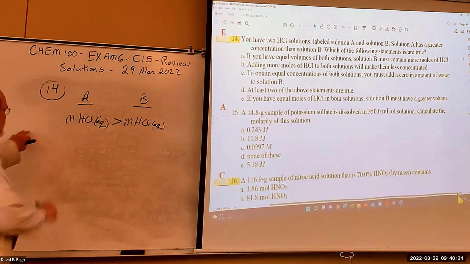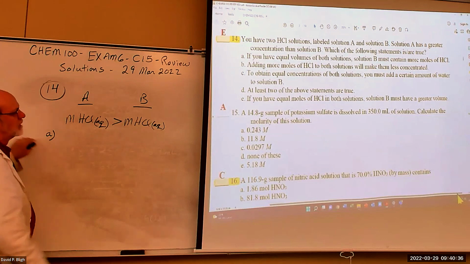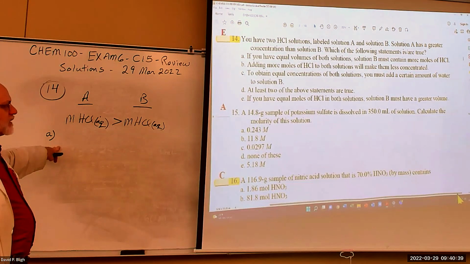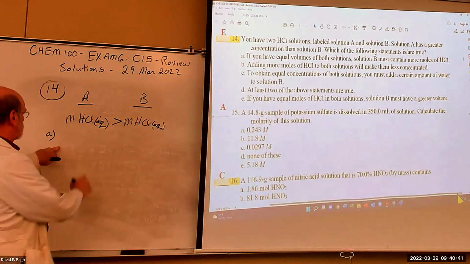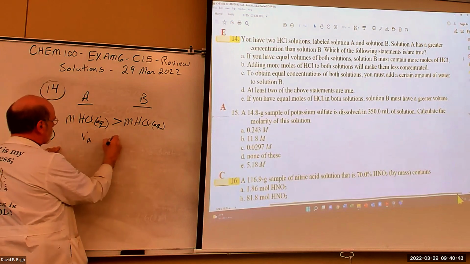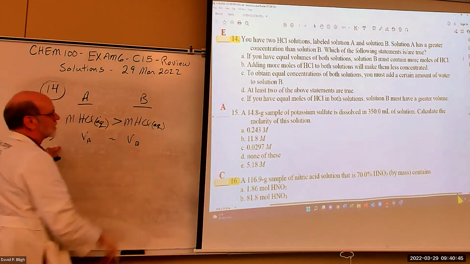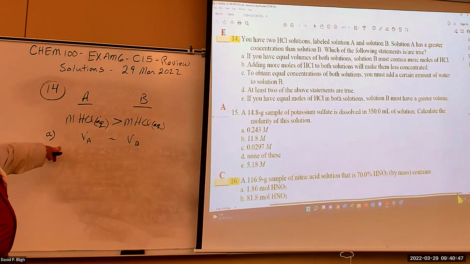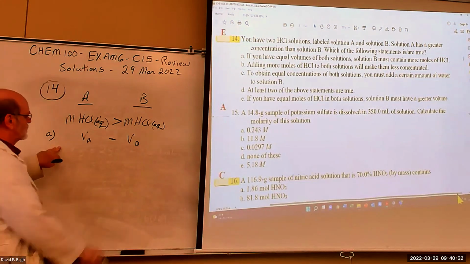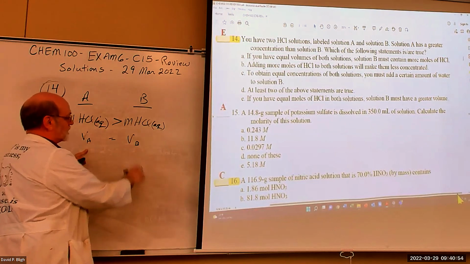Okay. A says, if you have equal volumes of both solutions, so volume of A equals volume of B, solution B must contain more moles of HCl. I don't think so.